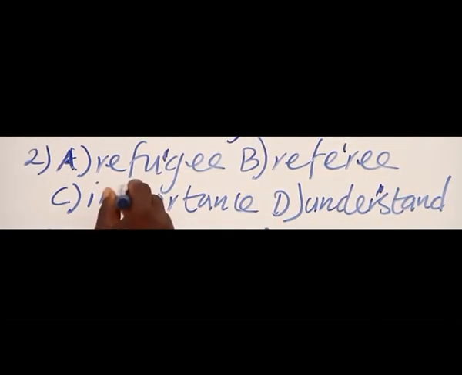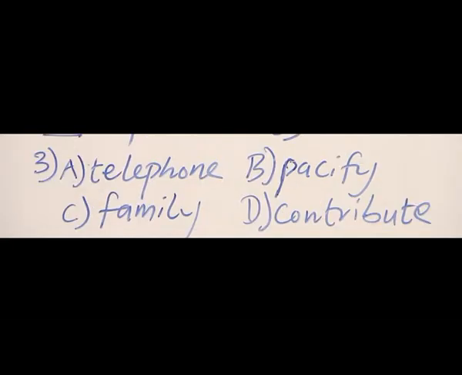The stress is on the second syllable. Importance. That's different from refugee. So the stress for option C is on the second syllable, and that makes option C the answer to question number 2.